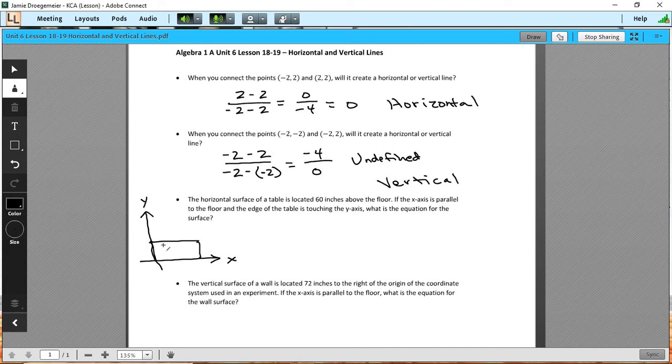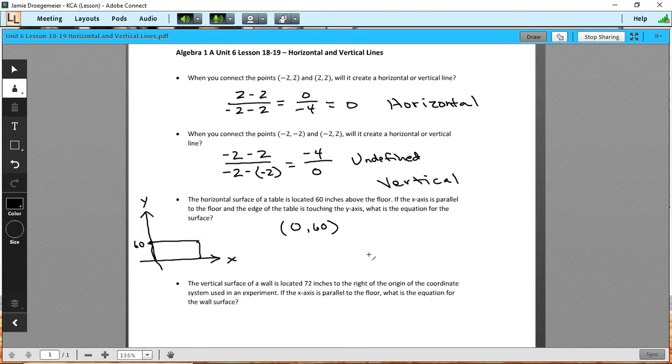What is the equation for the surface? So we want to know what's the equation for this surface here, and we know that it's 60 inches above. Well, think about our y-intercept here is at 60. So we have this point 0, 60.